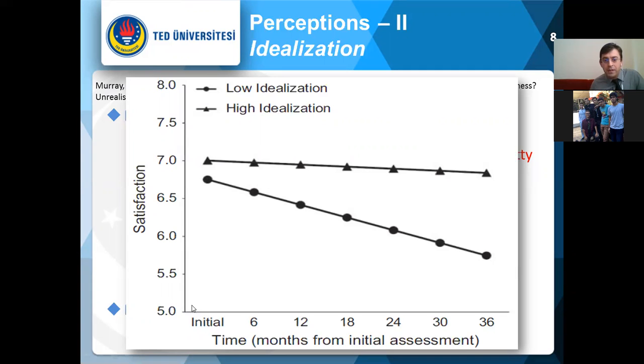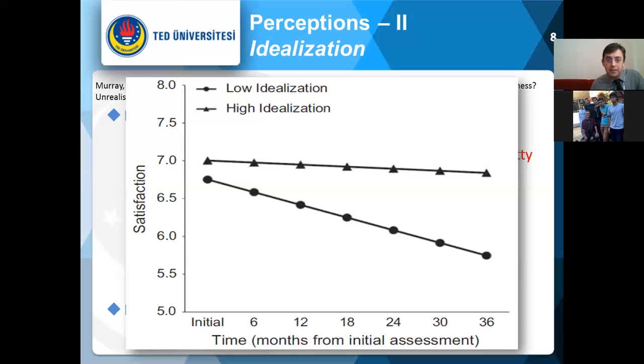Our initial idealization at the time of dating, let's say the first month, if it is high, then our high idealization is highly correlated with our satisfaction. It doesn't change. The more we idealize, the more we are satisfied with our relationship.